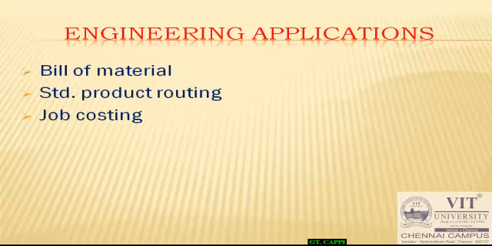In engineering applications, according to these outputs, that is MPS, CRP, MRP, and also SFC, you have to generate one scheduling. For that you need a bill of material and standard production routing, and also job costing, and also standard job costing.